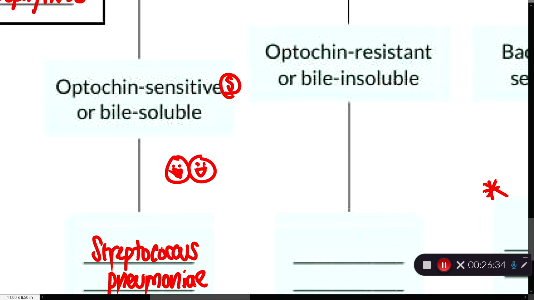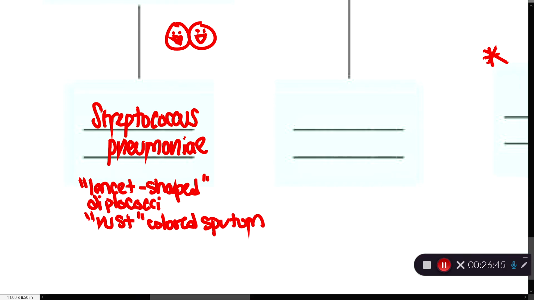Okay. So then if they tell us that it's actually optochin resistant and not soluble in bile, then that can only mean, and it's not typically described as a lancet-shaped diplococcus.